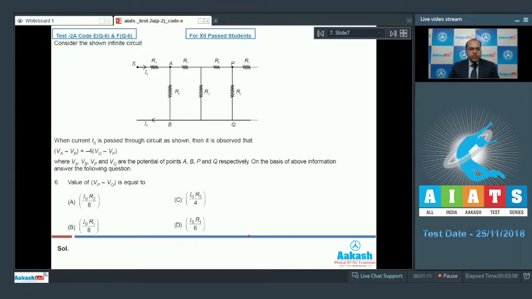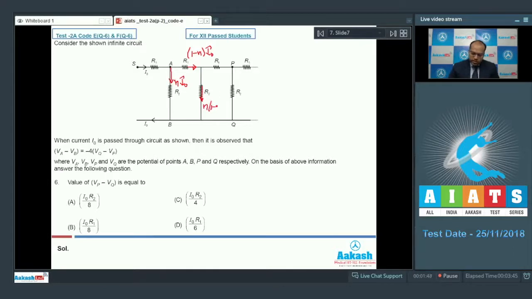It is given in the question, potential difference between A and B is 4 times the potential between P and Q. Suppose I0 current is in this branch, then let the current going in this branch is N times I0. Then the current in this branch will be 1 minus N into I0. Since there is a repetition of the same unit, the current in this branch then again will be N times of 1 minus N into I0.